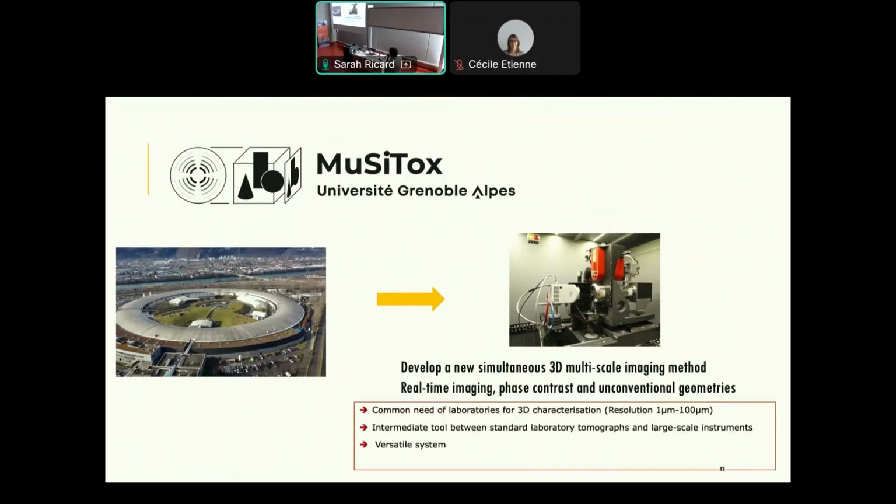And like that, we're going to have resolution from 1 micron to 100 microns, with a versatile system.